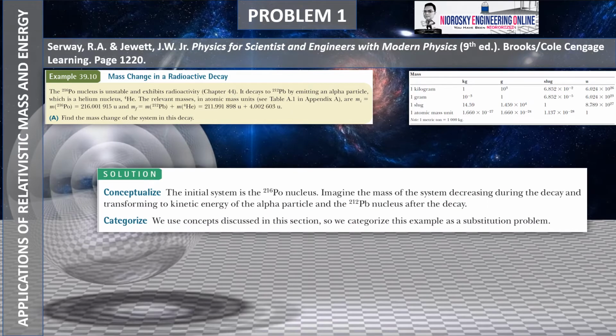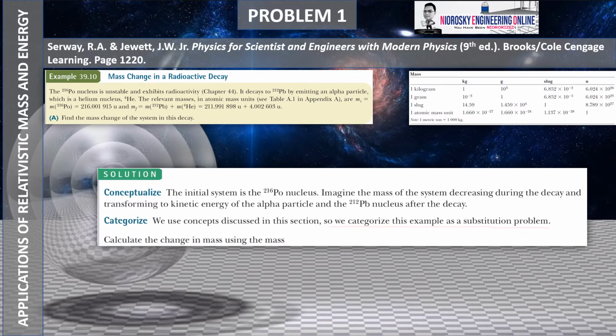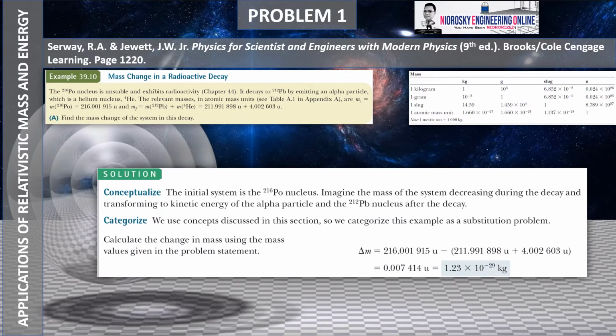So as we progress with the calculation, categorization should be: we use concepts discussed in this section, the section pertaining to the relativistic mass and energy. So we can categorize this example as a substitute problem. There's a need for us to calculate the change in mass using the mass values given in the problem statement.